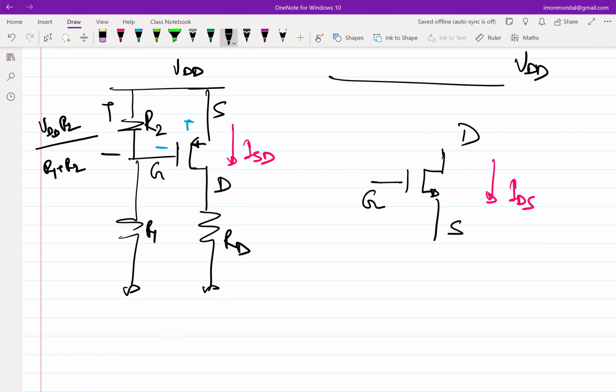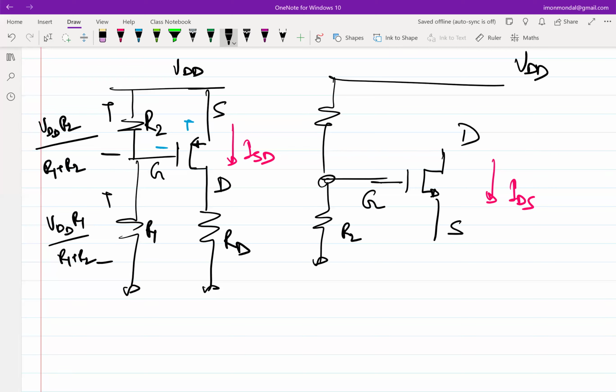Because this voltage is VDD times R1 by R1 plus R2, and we add those two up, you get VDD. So the voltage drop across R2 was VDD times R2 by R1 plus R2. We want the same voltage drop in VGS in case of an NMOS transistor. Right? Then what should I do? Yeah, so same voltage divider, in place of R1, put an R2, right? This becomes R2, this becomes R1.